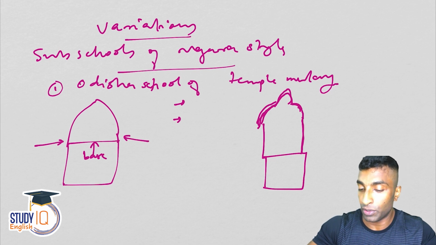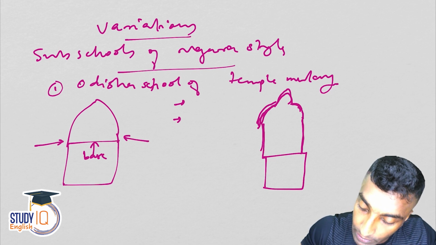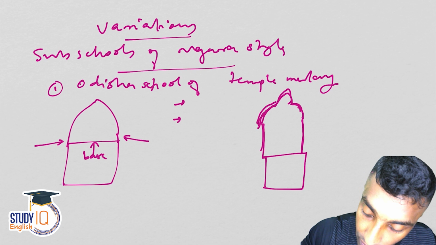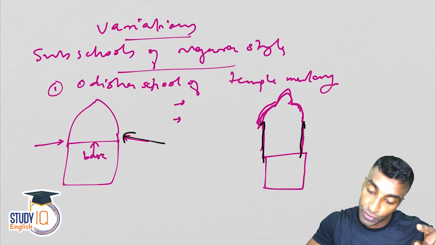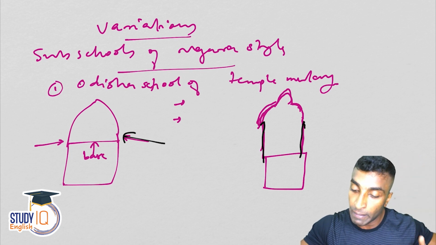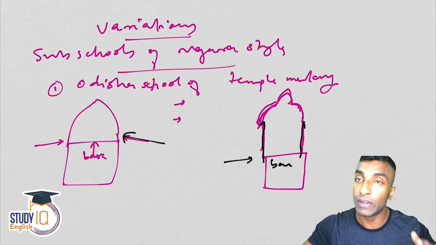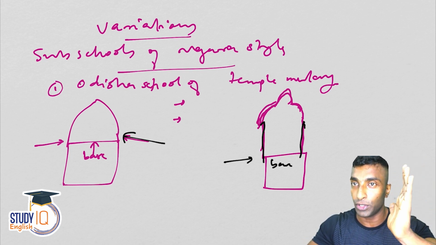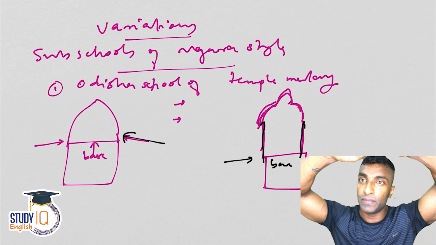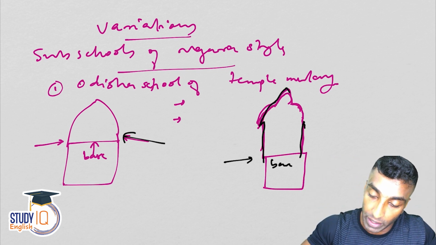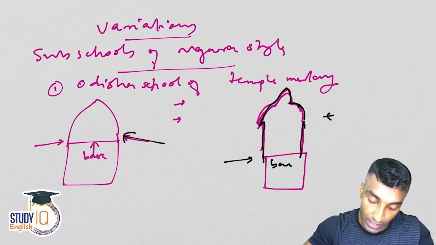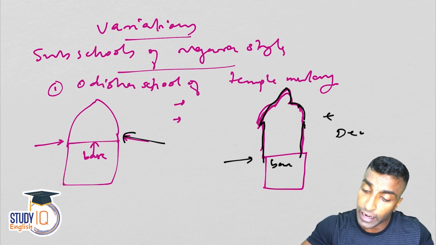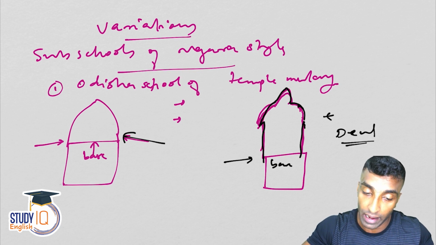I'm not able to draw properly, but I hope you understood. So there will be a straight vertical line which will go from the base. My point is, here from the base you will see the curve, but there from the base you will see a vertical straight line going to the top, and then at one point of time there will be a curve coming like this. Perfect. So this is actually the change in shikhara, and this is called Deul, D-E-U-L.